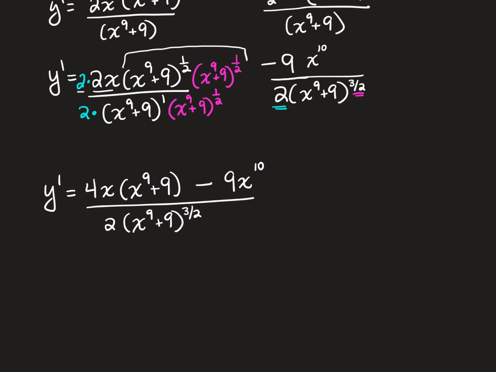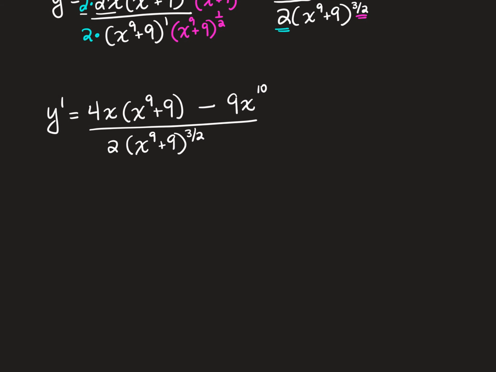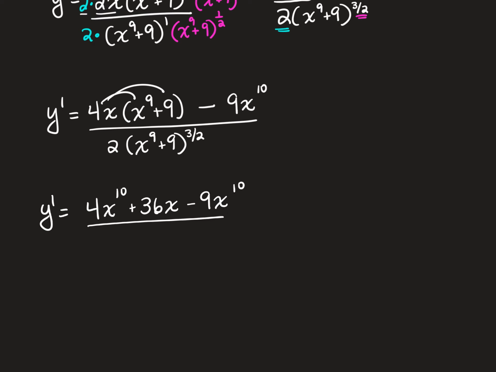And now it's just a matter of doing some really simple algebra and combining like terms in the numerator as much as possible. So I'm going to distribute: 4x to the 10th plus 36x minus 9x to the 10th all over 2 times x to the 9th plus 9 raised to the 3/2 power.